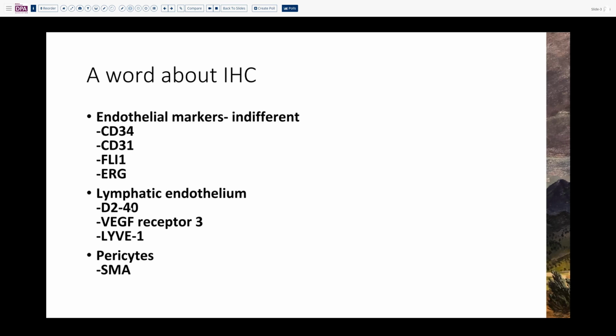Probably the most widely available here is D240, but VEGF receptor 3 and LYVE1 also can be available. And for pericytes, as we think about things like pericytomas and so forth, SMA, caldesmon, and desmin, those markers can be useful in that setting.